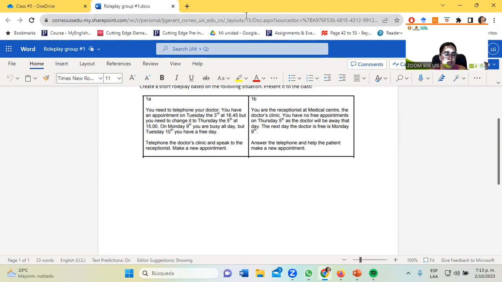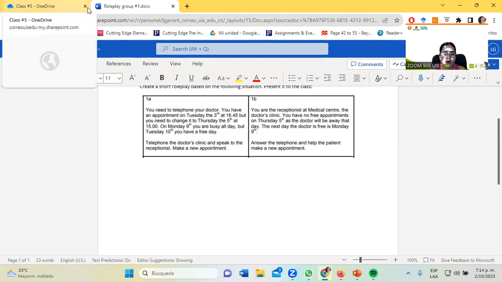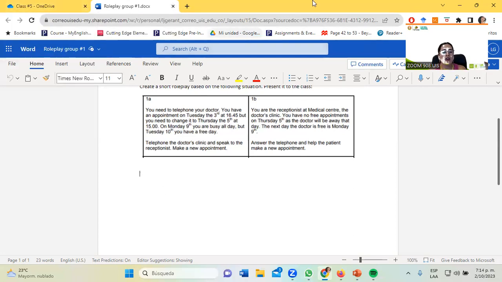Maybe not transfer, it won't be that necessary, but yes, you can use the opening phone call, closing the call, appropriate vocabulary to help the customer, right? So we will have around 20 minutes to prepare, and then we will come back and present your role plays in the class, all right? You can write them here, and then when you return, you will read out, or you try to memorize the role play and then act it out for your classmates.